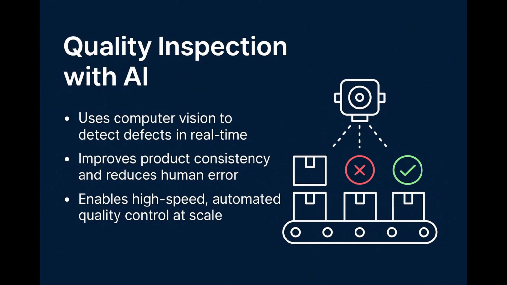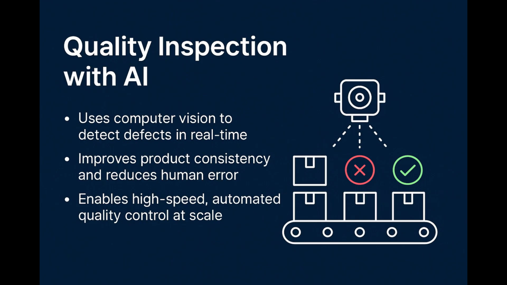Quality inspection has always been critical in manufacturing, but traditional methods are often slow, inconsistent, and expensive. AI is changing that. With computer vision and deep learning, machines can now inspect products at high speed with incredible accuracy. Instead of relying on fixed rules like pixel thresholds or rigid templates, AI models learn from real defect samples.